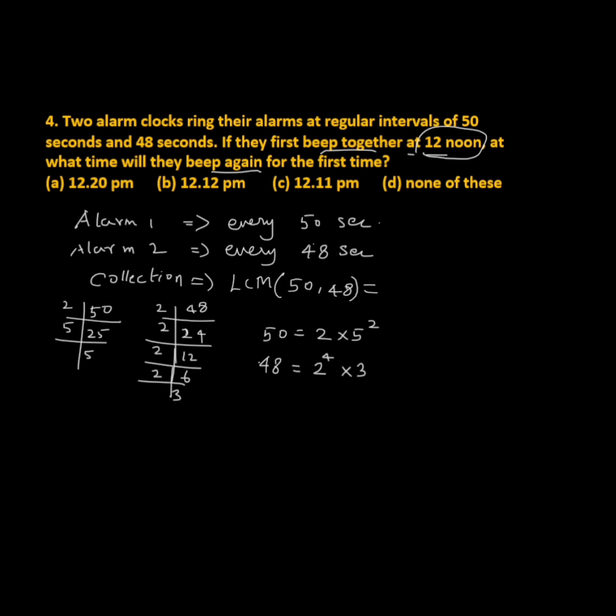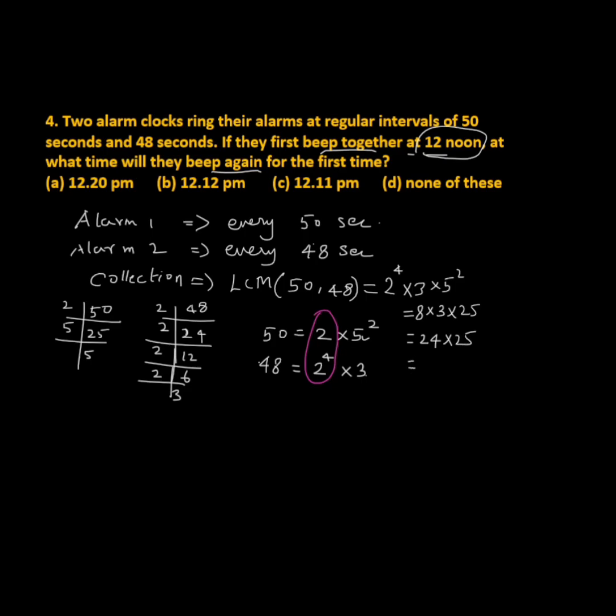Now we need to find the LCM. The common factor is 2, since both numbers have factor 2, and the highest power is 4. So 2 power 4 into the non-common factors, 5 squared and 3. So 2 power 4 is 16, which is 8 into 2, so 16 into 3 into 25.